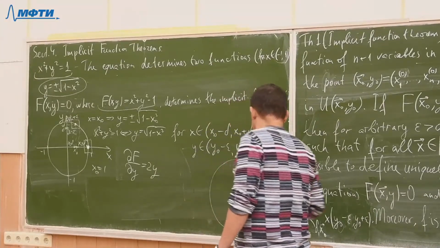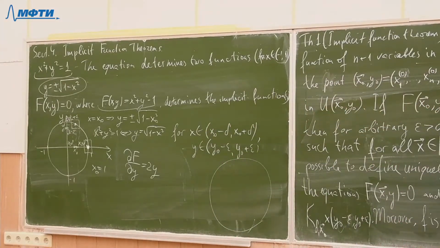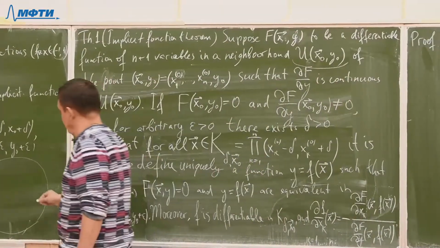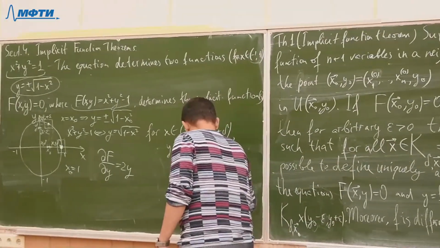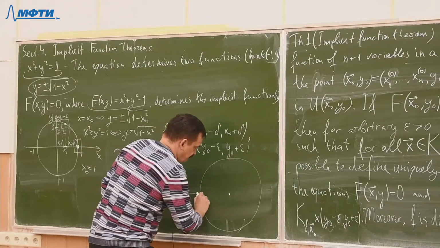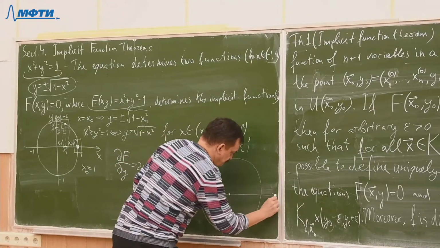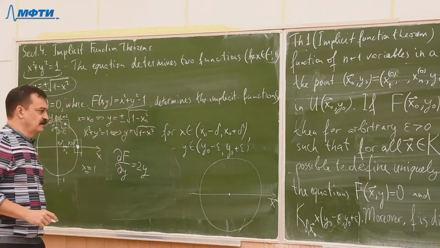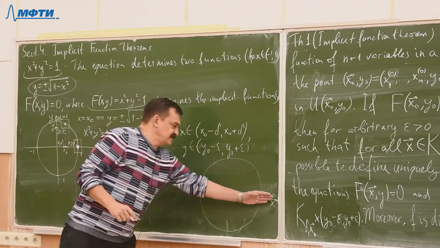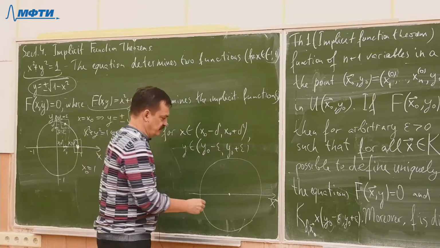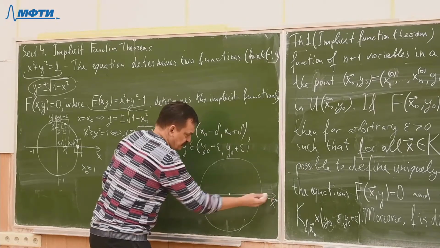Firstly, let's imagine that is our neighborhood, and roughly speaking, here we have the x variable. That is not an axis. Of course, that is not the origin. That is the point x naught.